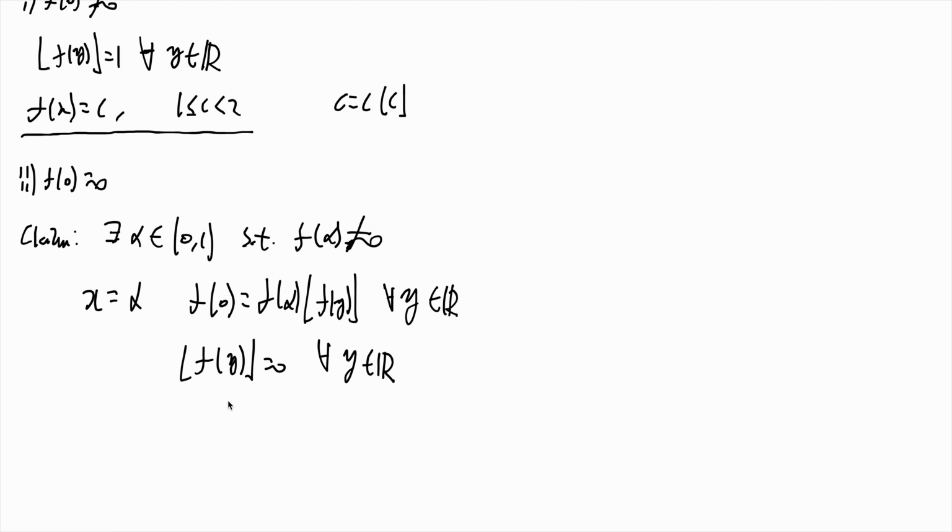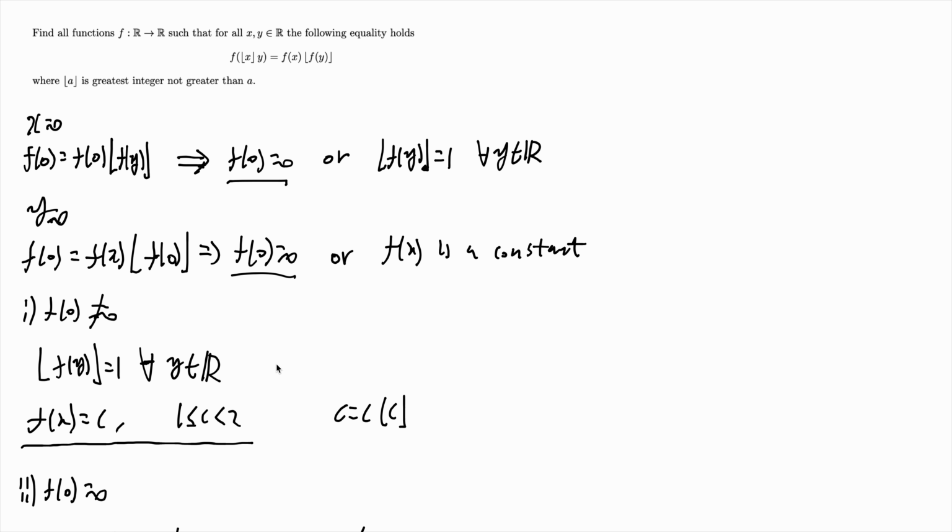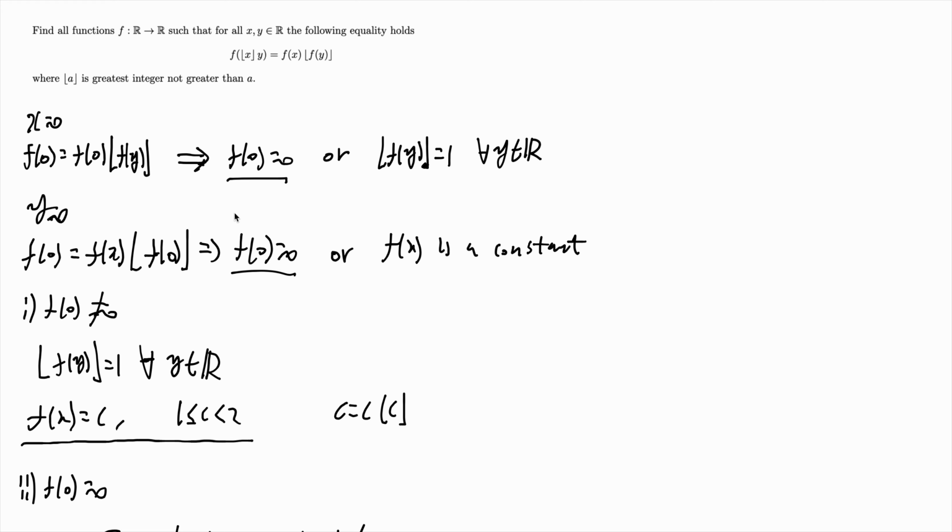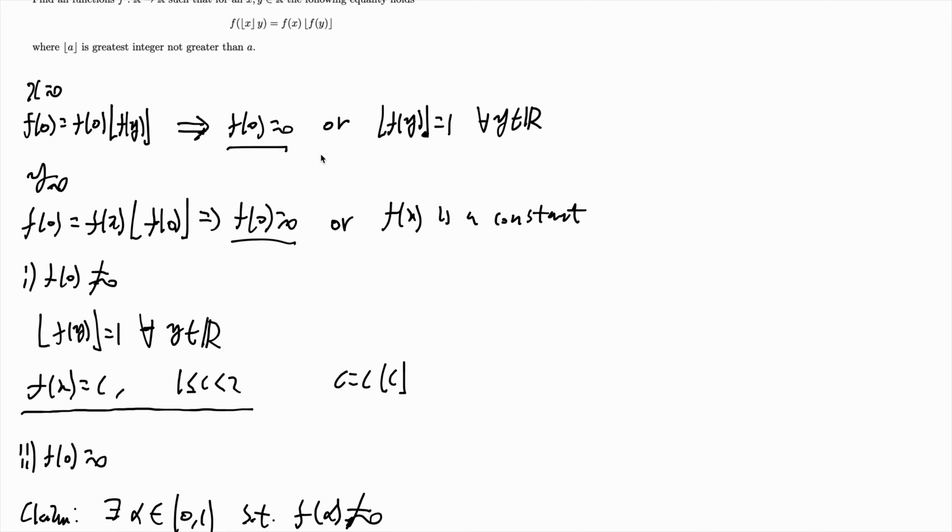Then we know that f of y must lie in this interval for all y in real numbers. Now, why don't we try substituting 1, x equals 1. That way we can get more information.